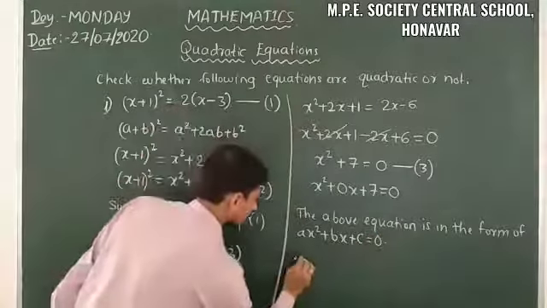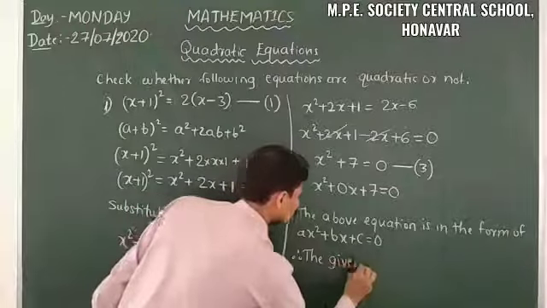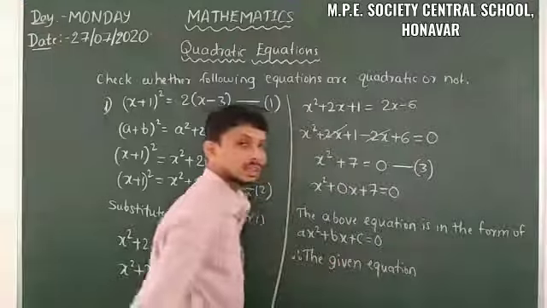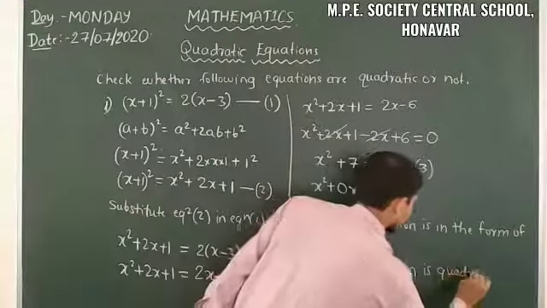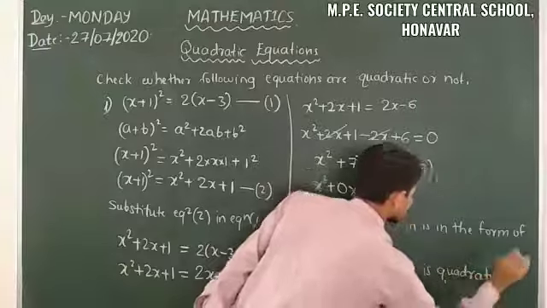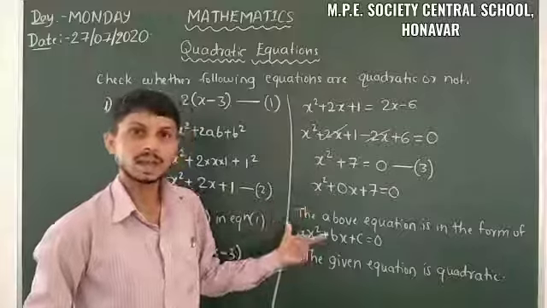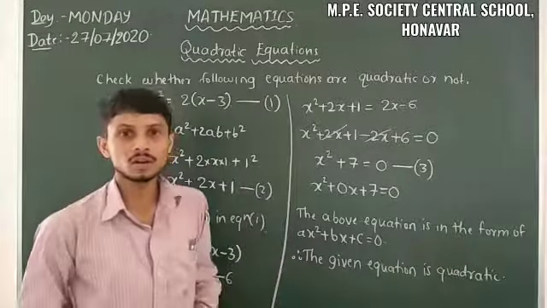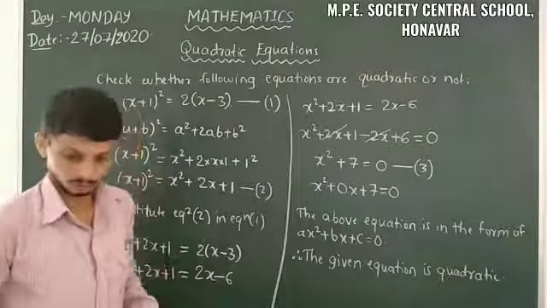Therefore the given equation is quadratic. So from this method we have to check whether it is a quadratic equation or not. So let us move on to the next question.